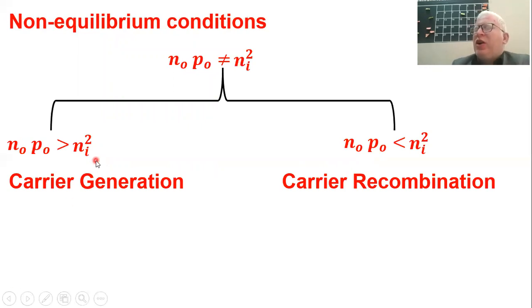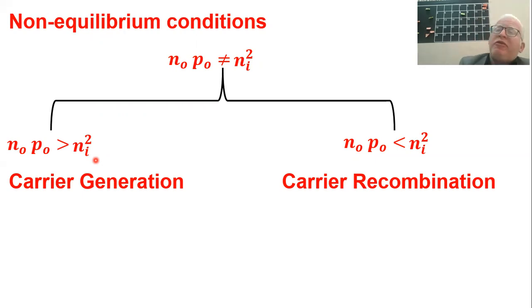It makes sense. You are increasing the rate of the carriers with respect to the normal rate, so you have some sort of injection. Most probably this will be, for example, optical injection. This happens in solar cells, for example, when you receive energy from solar light. So you have carrier generation, and in this case, this is not a thermodynamic equilibrium. You have an external source of energy, and then n times p is greater than ni squared. This is the first case.